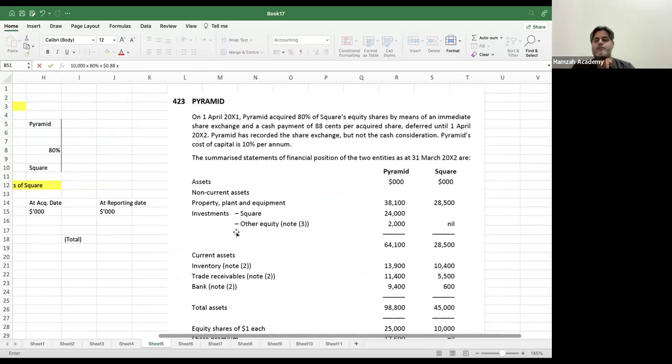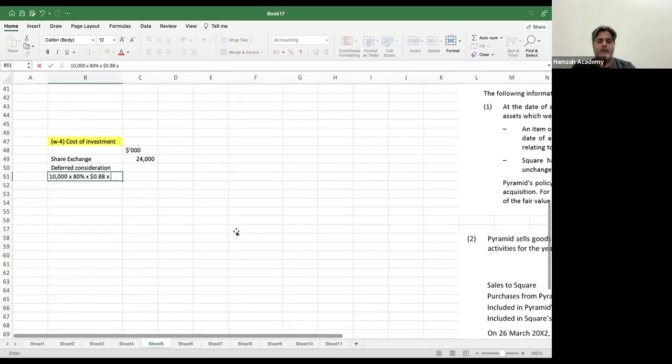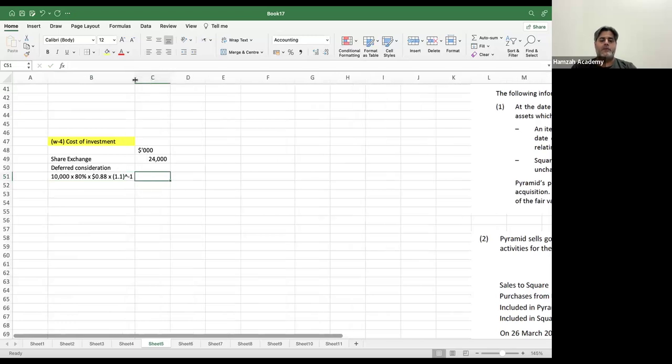That is the start of the next year, so 1 year later, times 1.1 raised to the power minus 1. So that's going to be 80% into 88 into 1.1 raised to the power minus 1, 6,400 over here.